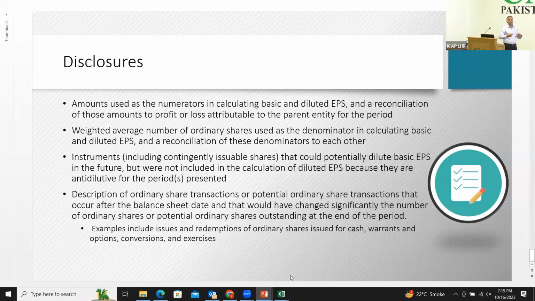Potentially issuable shares means a contract entered into by the entity, and they are dilutive if it's a written call or put option, with exercise price and market value comparison, or issued for nil consideration. Here it is not a case of nil consideration. With a convertible loan, the other party has a right.